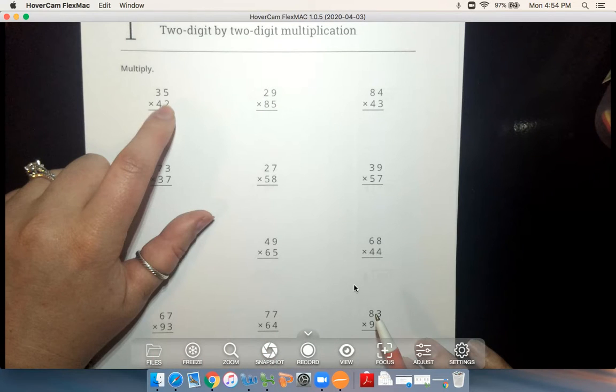So as a review, we will go ahead and do one problem on each of these pages. Now, remember, you're responsible for the whole thing, but I'm going to do one example with you. So 35 times 42 is my example here. So I always start with the ones place. So really what I'm doing right now is multiplying 35 times 2.